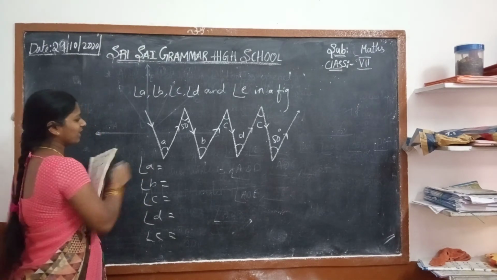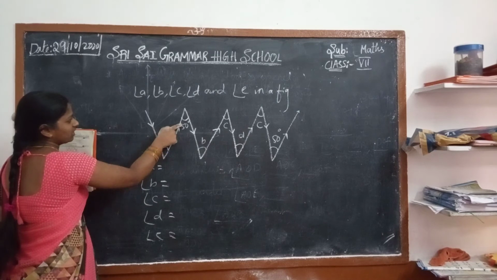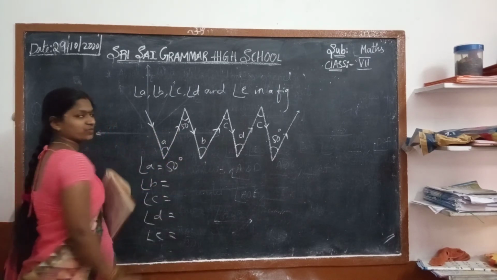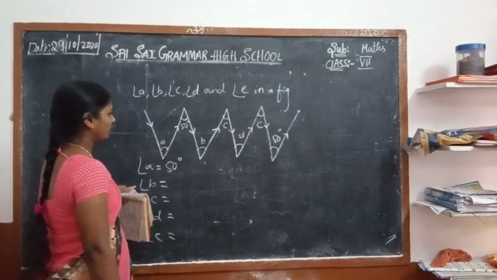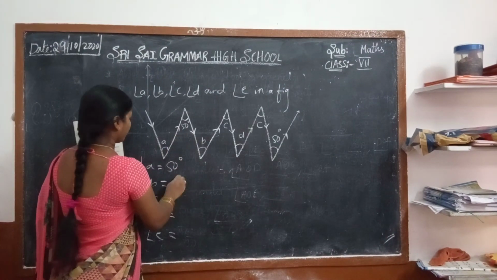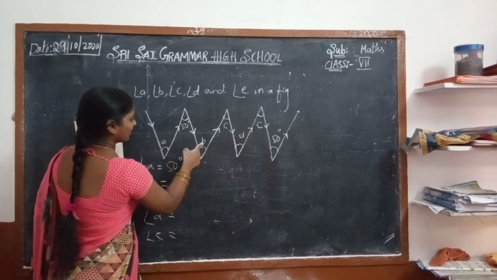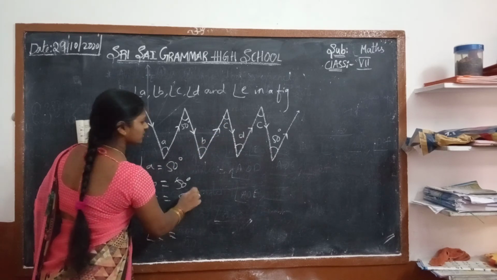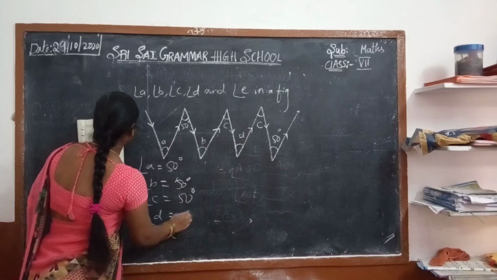Now angle A, if the opposite angles are equal, then angle A is equal to 50 degrees. Then angle B is 50 degrees. Angle B and angle C, which are parallel lines, are 50 degrees. Angle D also 50 degrees.